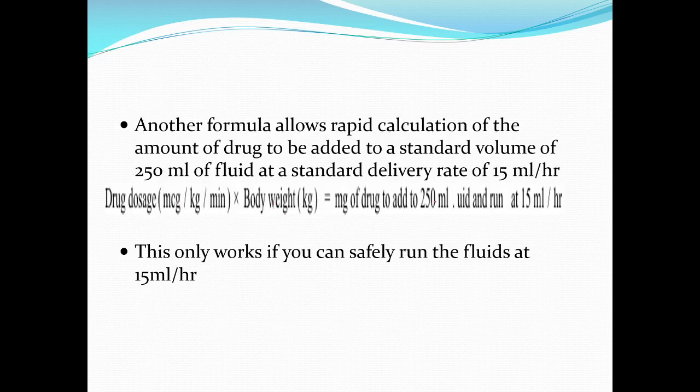There's another formula that gives us a rapid calculation if you have a standard volume of 250 mils and a standard delivery rate of 15 mils per hour. But that doesn't give you as much flexibility as this one.